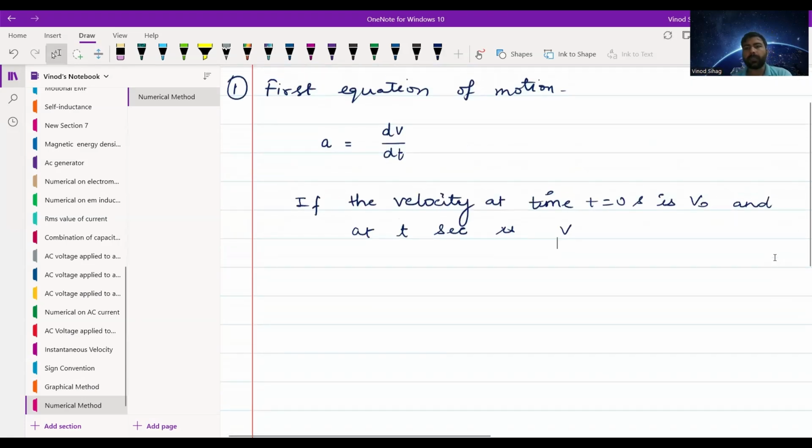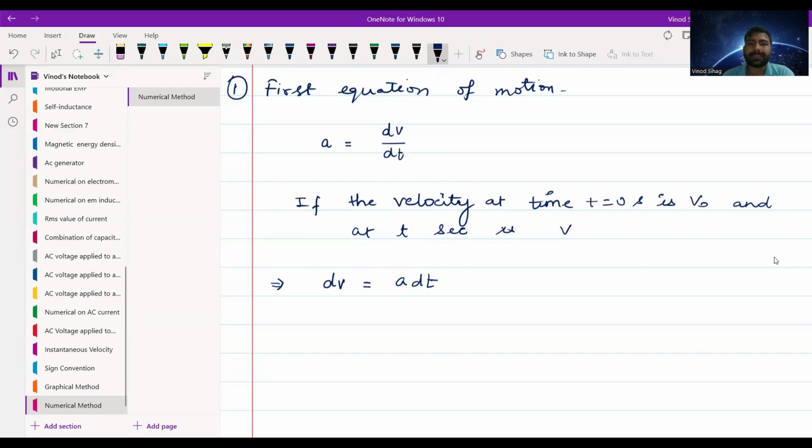So first of all, we have to rearrange the equation. So how to rearrange? Let's cross multiply. So we will get dv equals a into dt, where dv is the variable. That means the velocity is going to change. And time is also the variable. That means the time is also going to change.